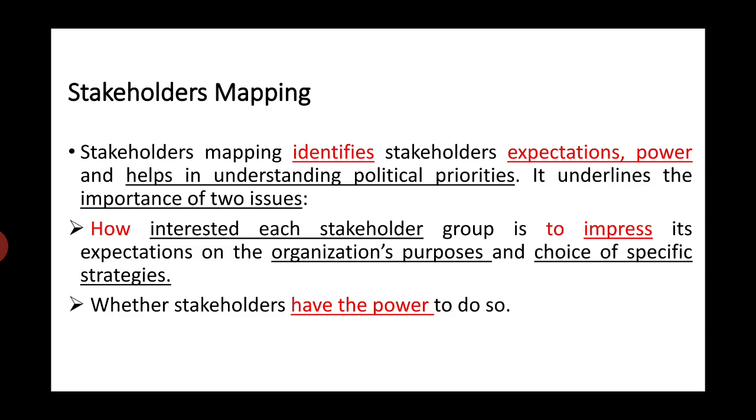Okay, so stakeholders mapping means what? Look at the red ones: identification, expectation, power, how interested stakeholders. That means what? This mapping, let me simplify it for you. This mapping identifies stakeholders' expectation, power, and this mapping will help and lead to understand the political priorities of those people.